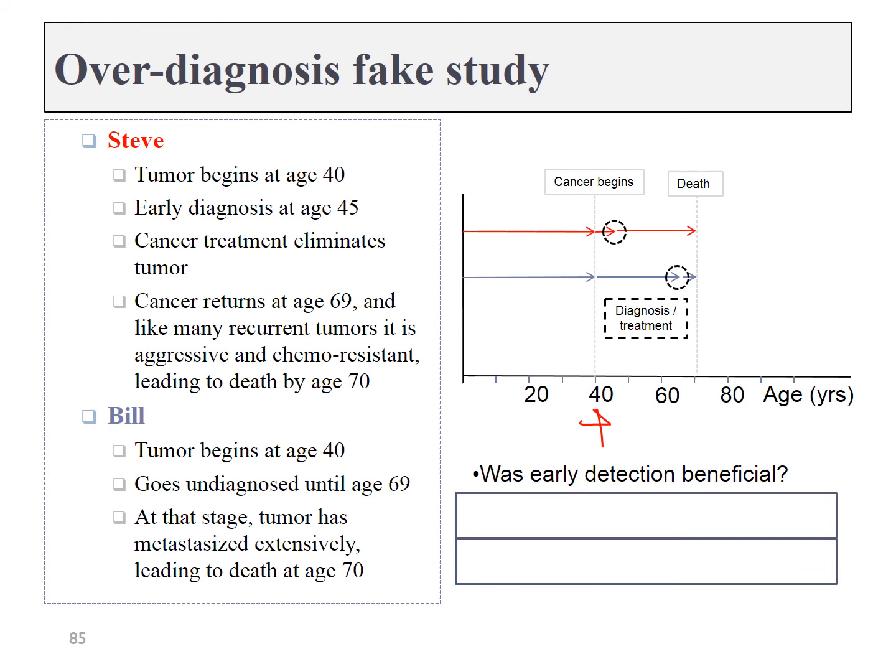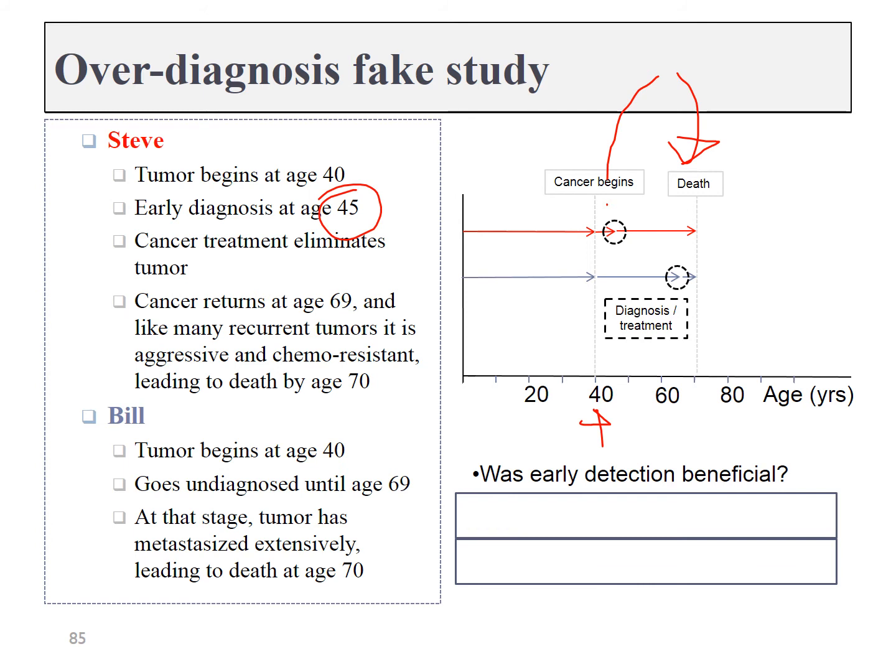Steve, however, goes in for early treatment and gets, let's say, prostate cancer screening at the age of 40, and they detect his tumor, and he undergoes chemotherapy at the age of 45, and the tumor goes away. But then, years later, it comes back, and like many cancers that recur, they come back really nasty. So at the age of 69, he gets the cancer again and dies a year later.